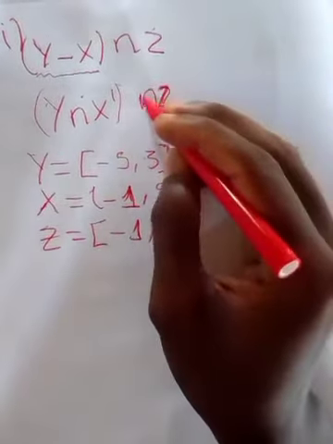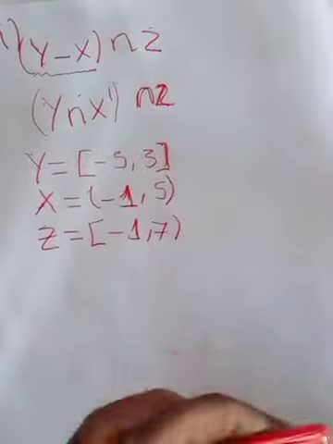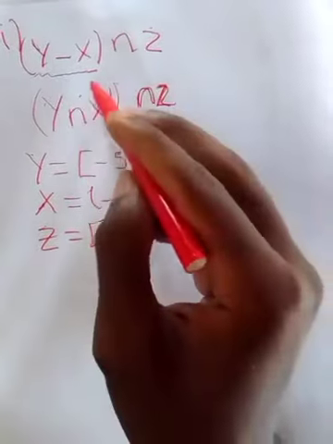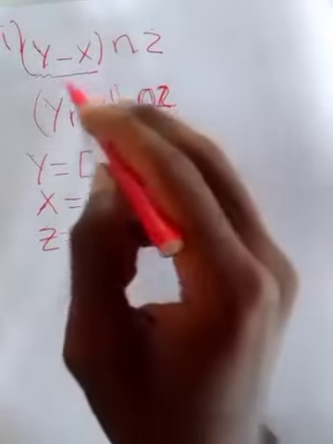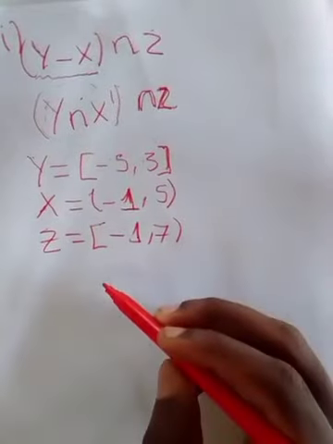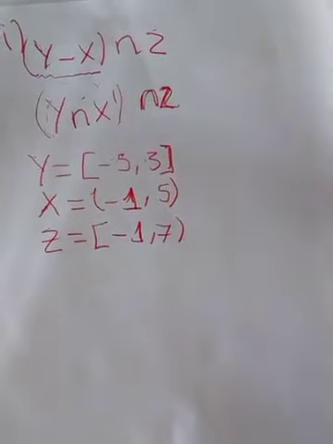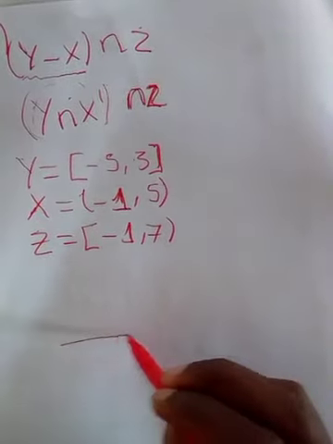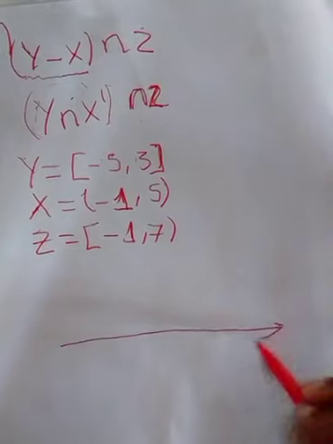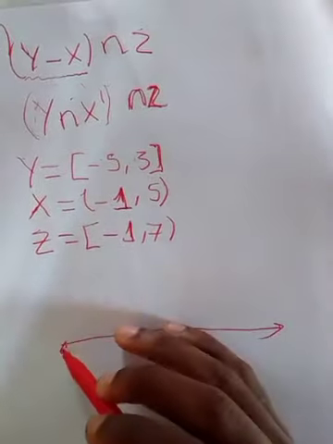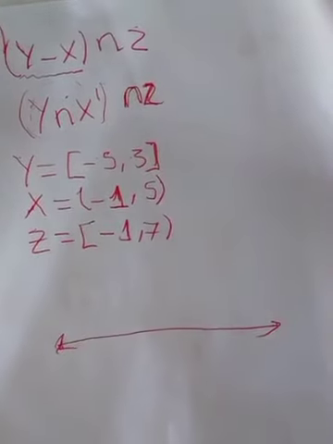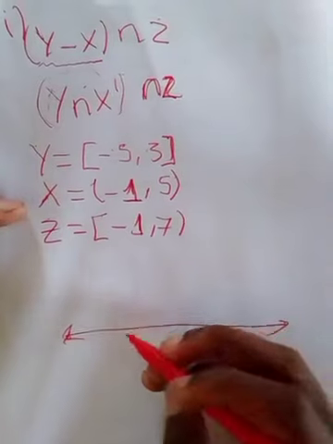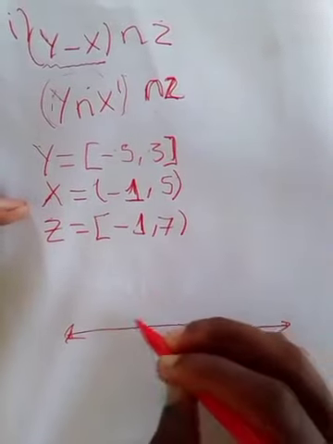So now, here's what you do. Remember that we are first beginning with this one. I'll show it on the number line. Let me draw my number line. After you do that, first we're going to show your y and x.